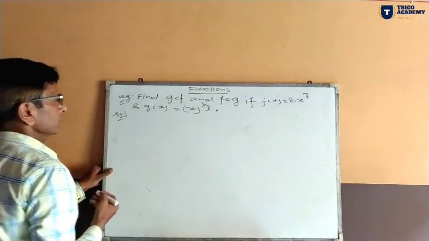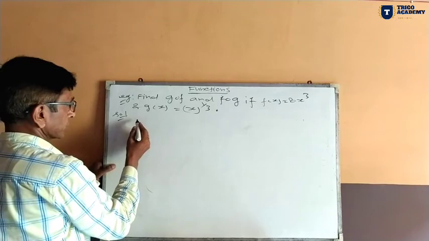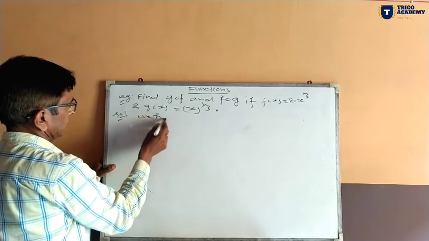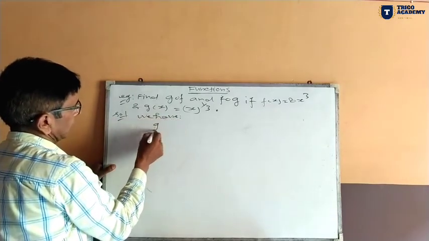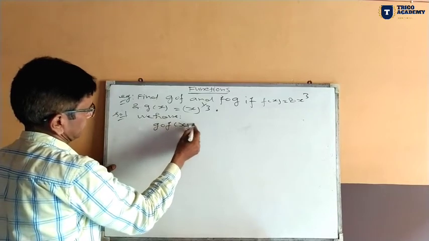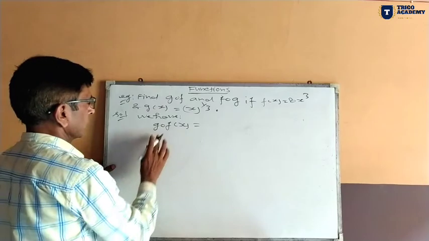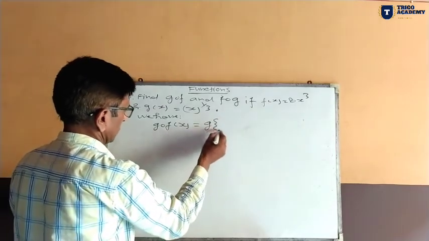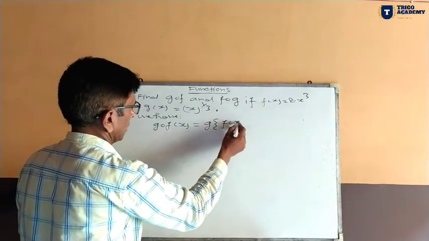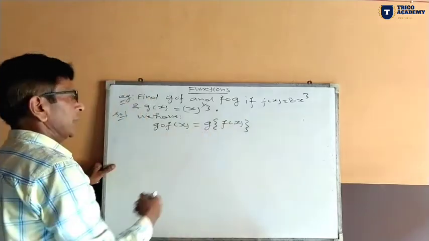The solution of this: we have gof(x). It can be written by the definition of composition as g and in bracket we will take f(x).